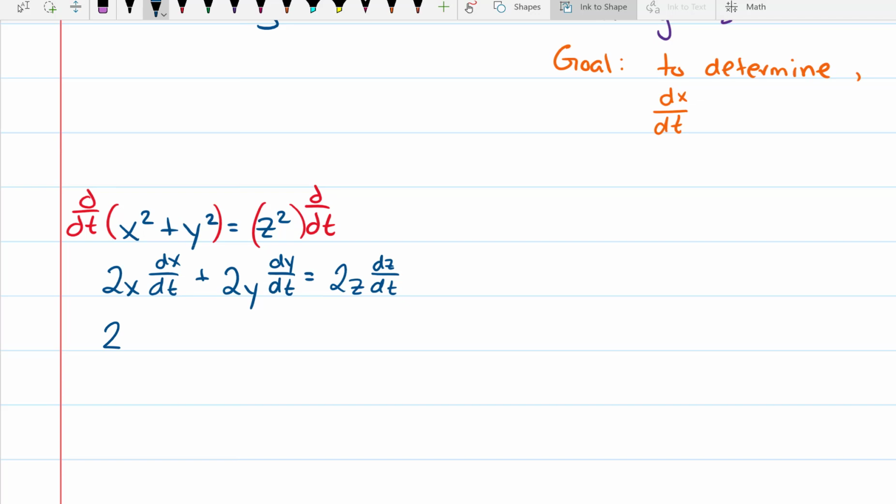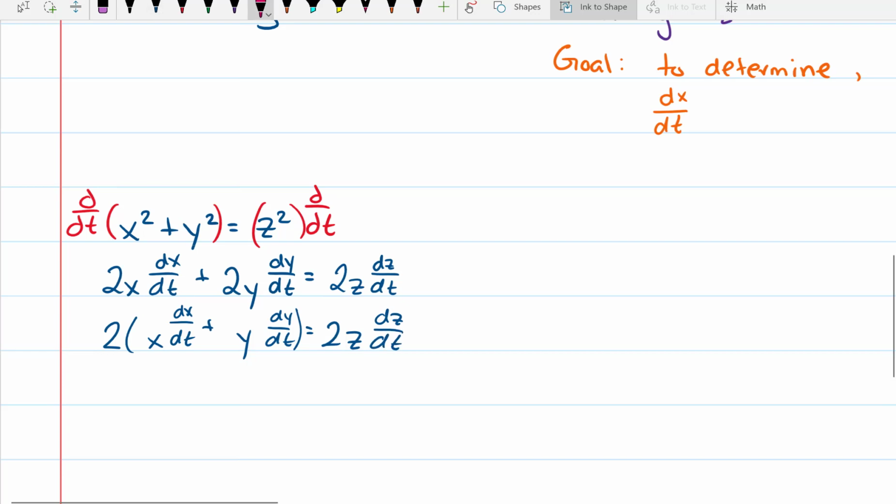So I'm going to factor out a 2. And now my 2's are going to cancel. So I'm left with x dx dt plus y dy dt equals z dz dt.